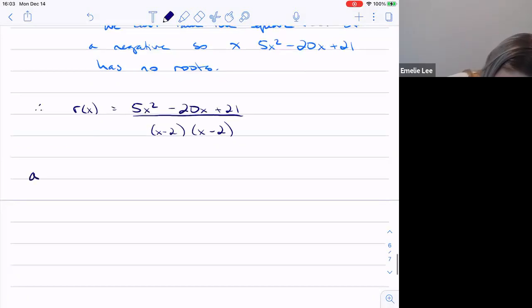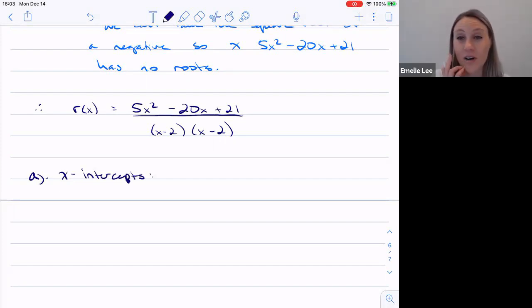So part A, the x-intercepts. Let's just remind ourselves what the x-intercepts are. The x-intercept is where y is equal to 0. Now, this thing is only equal to 0 when the numerator is 0, but we just established that it doesn't have any roots, so there is no point where it equals 0.